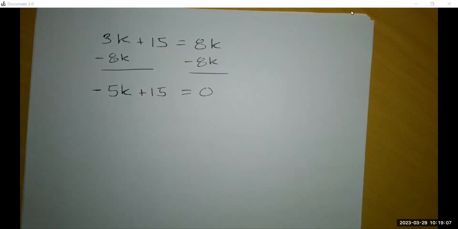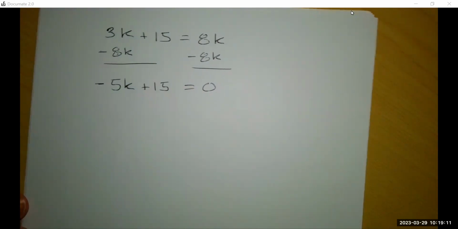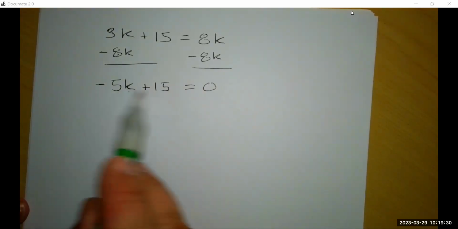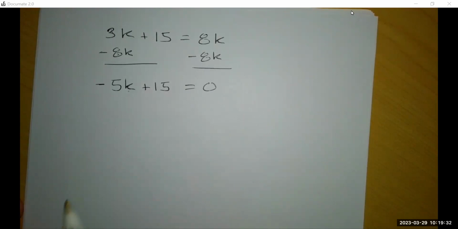It's going to give you the same answer, but you have more work to do. What would you do now? You're solving for K. Here's the K, so you have to look at this side. What do you want to get rid of next? 15.